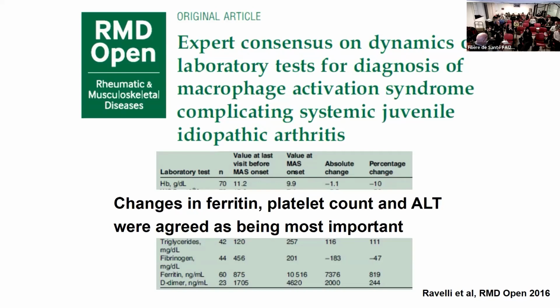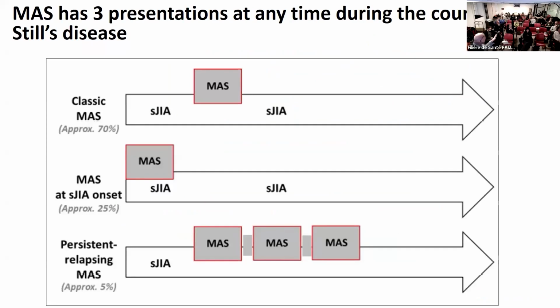Platelet count and liver involvement are the three drivers of the trends over time when your patient is evolving into MAS, before full-blown MAS. Now, MAS has three presentations during Still's disease. Classic MAS at any time during the course of the disease, MAS at onset, and persistent relapsing, smoldering, whatever you want to call it, MAS.